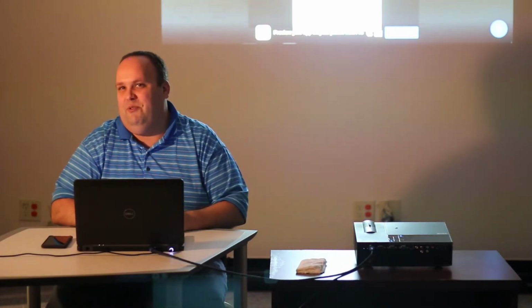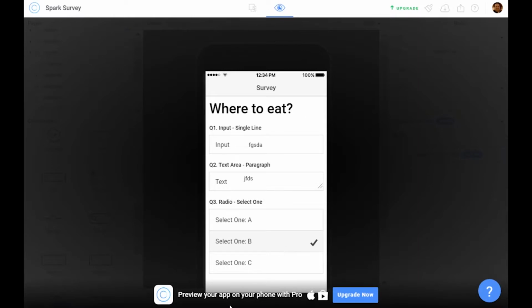But here, it just gives me a checkbox because it doesn't know how to mimic the iOS or Android environments just right. So it's not exactly what you're expecting, but it does sort of work. If you could preview it on your phone, which is part of the pro version of their offering, you would actually see what the native integration does look like for that type of input field. And of course, they've got this little advertisement down here too.